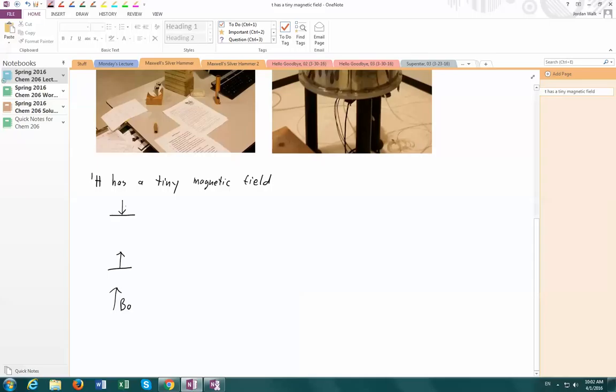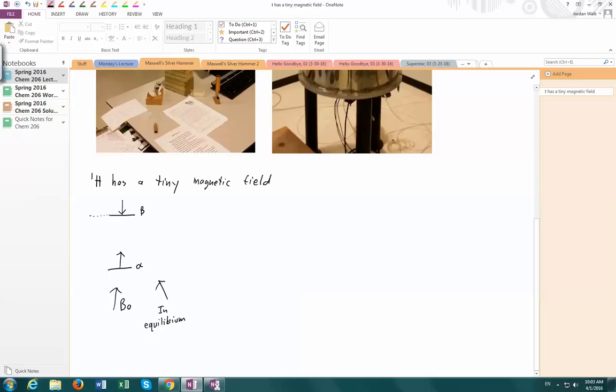We call this top phase beta, and this bottom alpha. So we've got two possibilities, and this is going to be in equilibrium. In a given sample, some of them are in the alpha spin and some of them are in the beta spin, and so we'll have roughly proportional amounts, not quite, but almost.